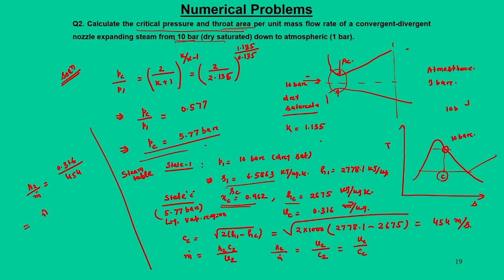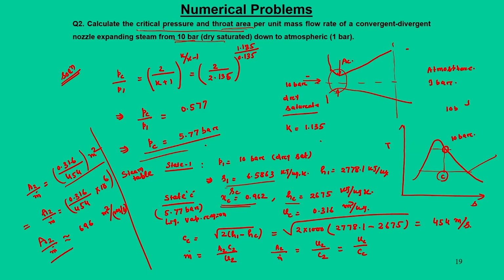So, this is A2 by m dot in meter square, and if you convert it to mm square, it will be 0.316 into 454 into 10 to the power 6. So, this is approximately 696 millimeter square per kg mass flow rate.